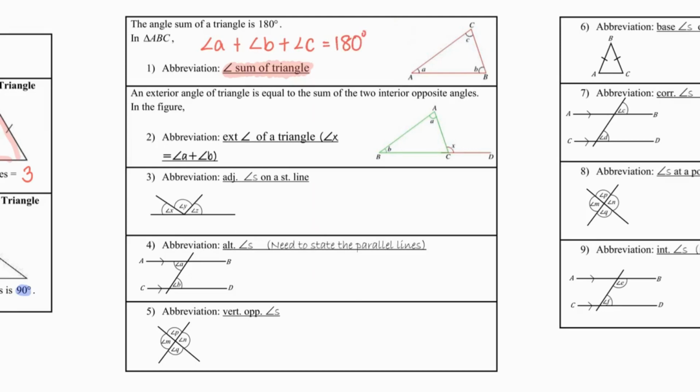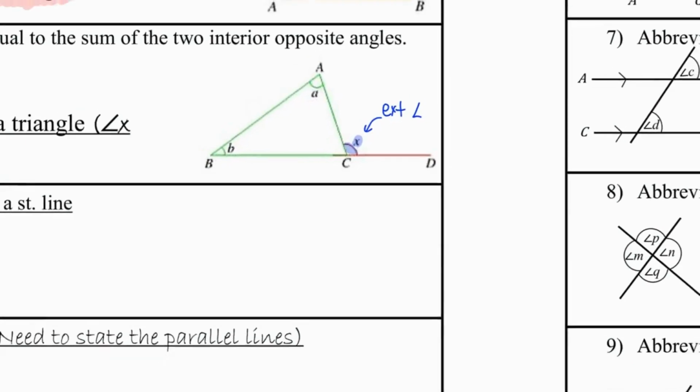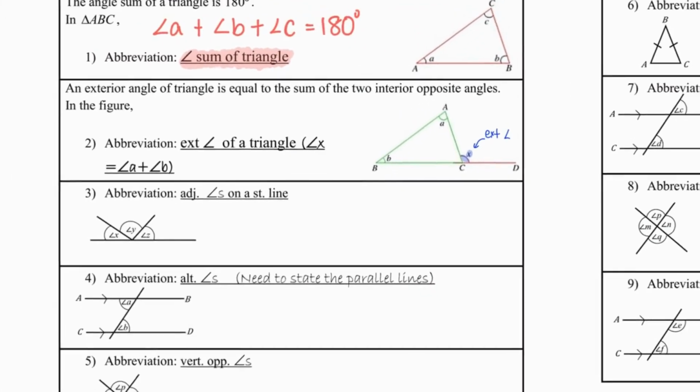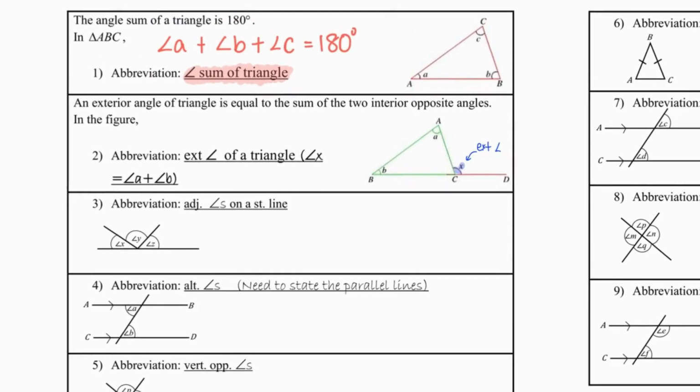In an exterior angle, which one is my exterior angle? In this case, it will be my X. This is my exterior angle. Okay? It's actually equal to the sum of the interior opposite angles. What does this mean?